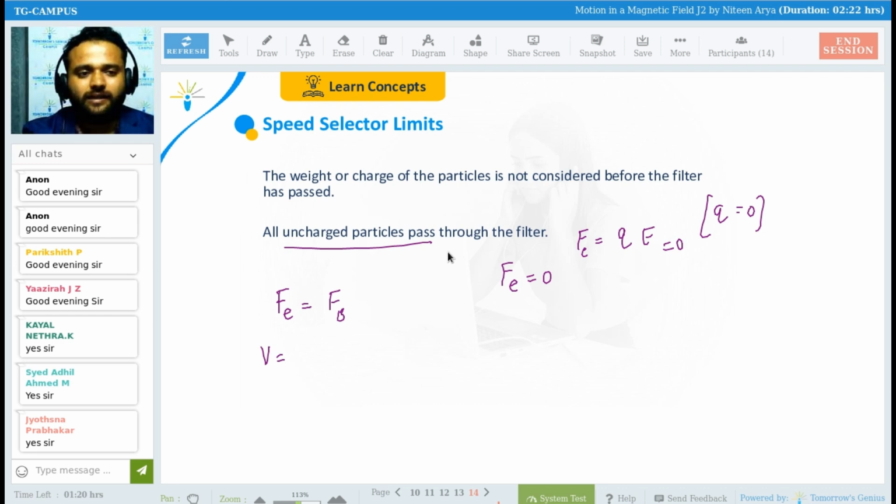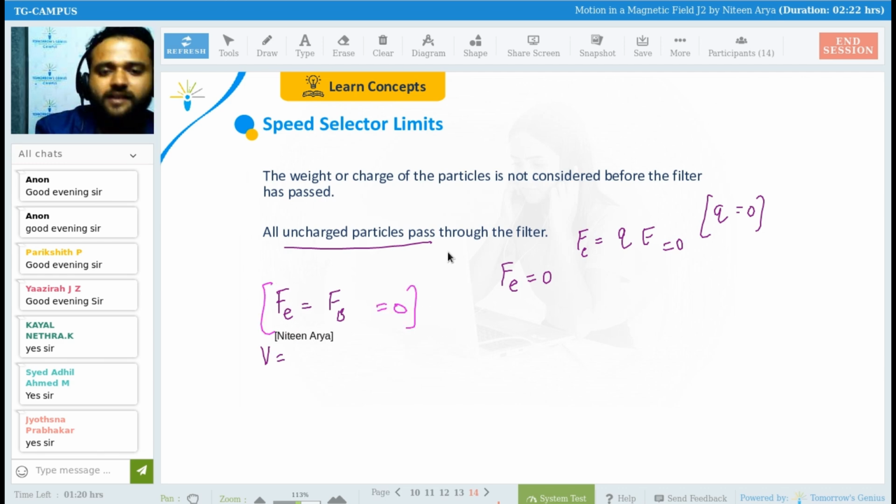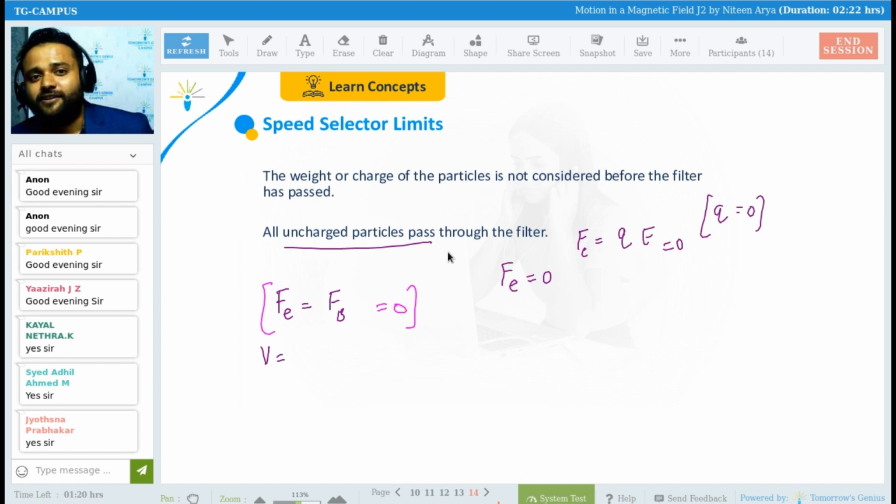For chargeless particles, we cannot apply that concept for the filtration of velocity. If there is no filter, we don't need to select, and every chargeless particle is going to pass. Clear? Simply one analogy: if there is no security guard, everyone can enter the movie hall. As simple as that.